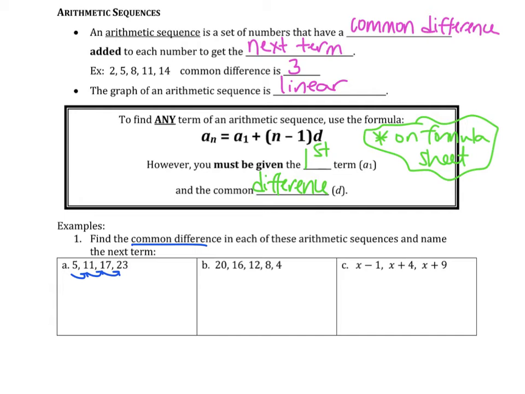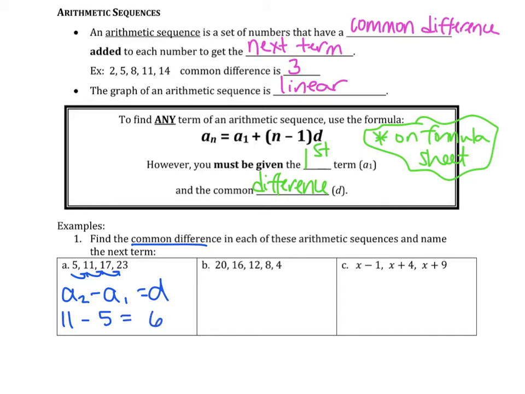Well, the way that you can find the common difference, although these ones are very obvious, if you ever get stuck, you can always find the common difference by taking the second term and subtracting away the first term. So in this case, 11 minus 5 is 6.